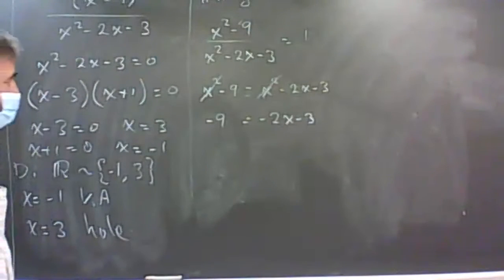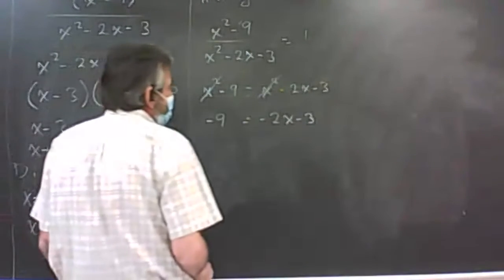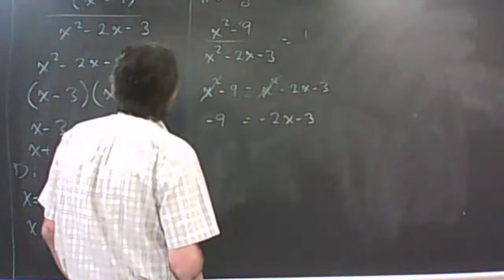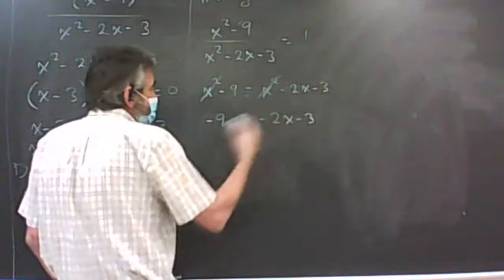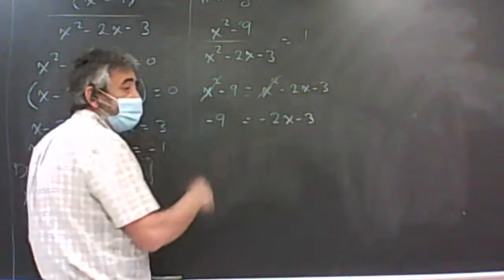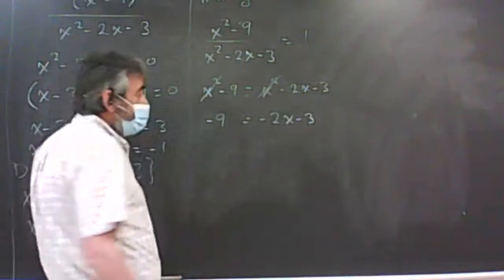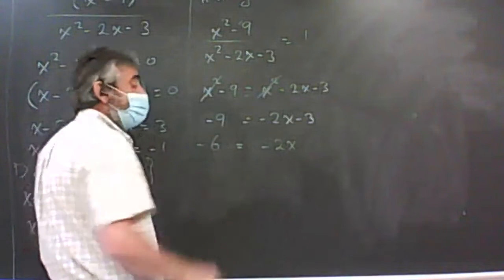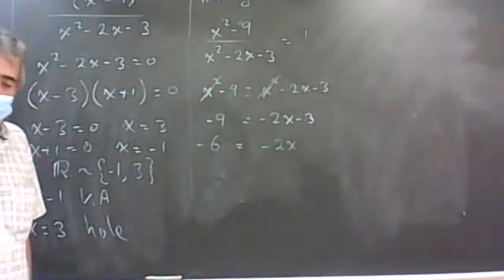Okay? Then we end up with the following. Is that what we got? Yeah. So let's isolate the 2x. So minus 2x equals minus 6, correct?